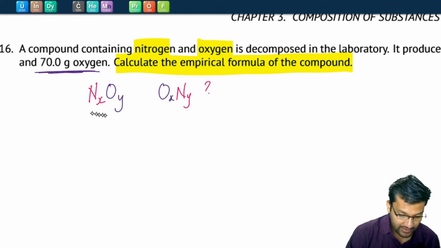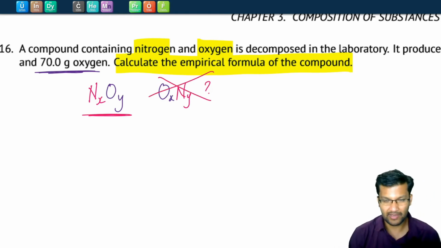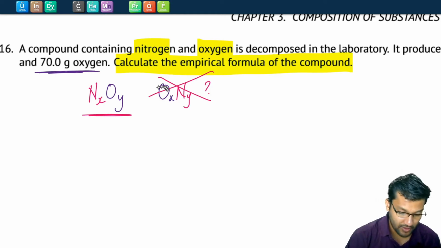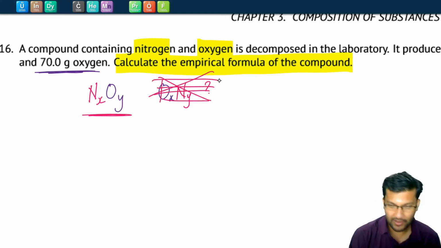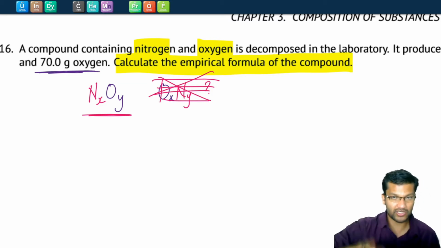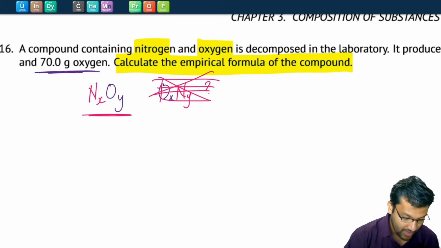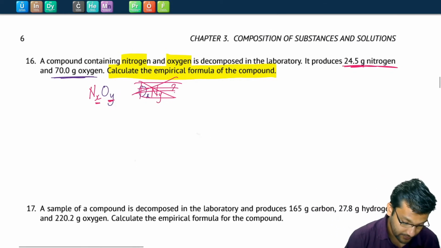Well, typically, when we write molecular formulas, we write the elements in alphabetical order for most of them. There are lots of exceptions to every rule that you learn in chemistry, but if you're not sure which order to put the elements in, go alphabetical. Okay, so the compound that we're looking for is N with some number x, and O with some number y. So let's figure it out.